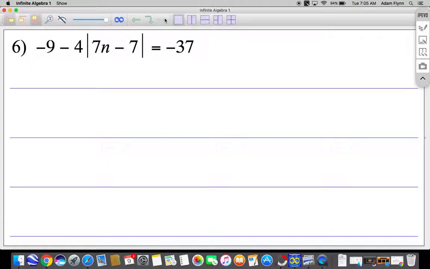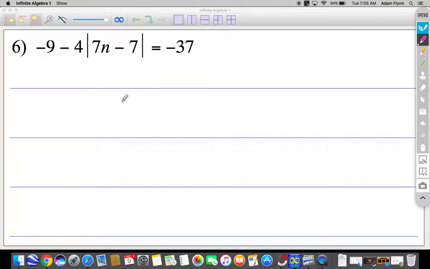Last problem. Okay, so negative 9 minus 4 times the absolute value of 7n minus 7 equals negative 37. So first, I will take care of whatever is being added or subtracted. So I will add 9 to both sides.